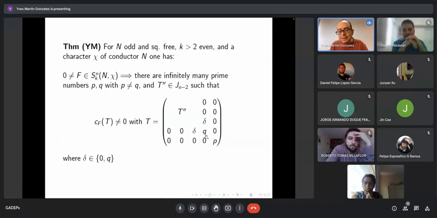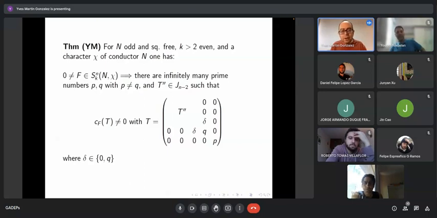No, I can just say that there are infinitely many primes that do that. But I can say some basic things. For example, I can choose P to be bigger than big N, and then choose Q bigger than P, because at each stage I know that there are infinitely many primes with some property.